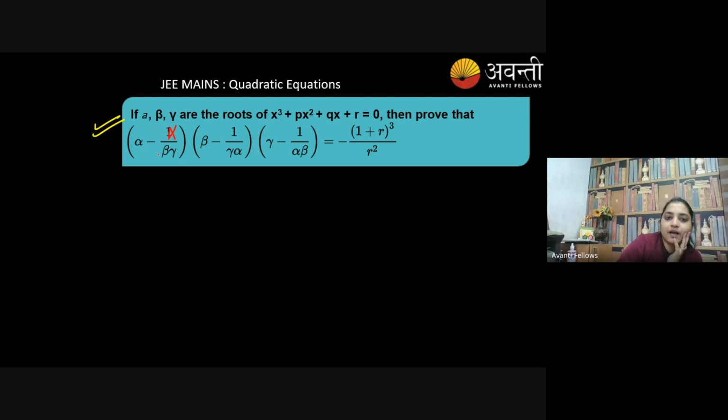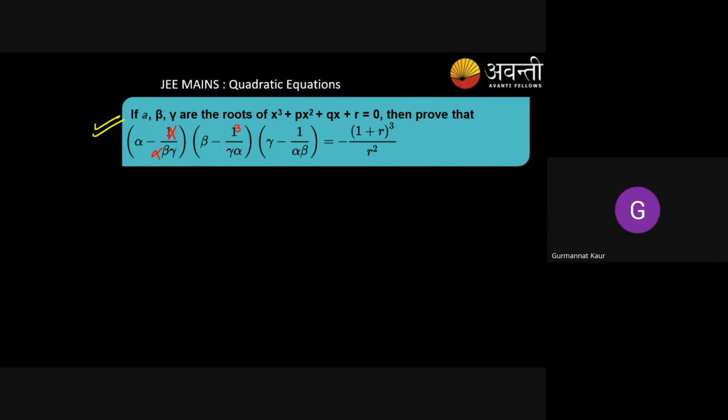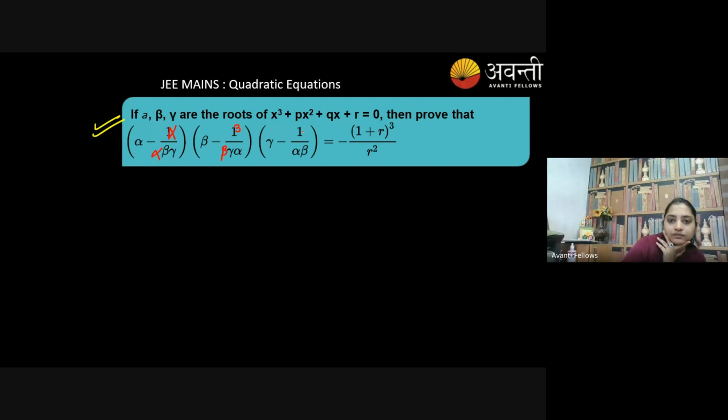If I multiply it by alpha and divide by alpha, any problem? No, ma'am. Multiply by beta and divide by beta, any doubt? Multiply by gamma and divide by gamma. So we can look: alpha is common, beta is common, gamma is common, and we are left with 1 minus 1 upon alpha beta gamma whole power 3. How many of you agree? And from the given equation, alpha beta gamma is going to be, check negative, positive, negative, so minus r should be there.